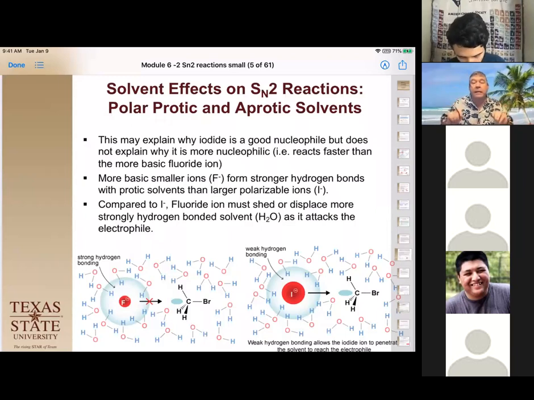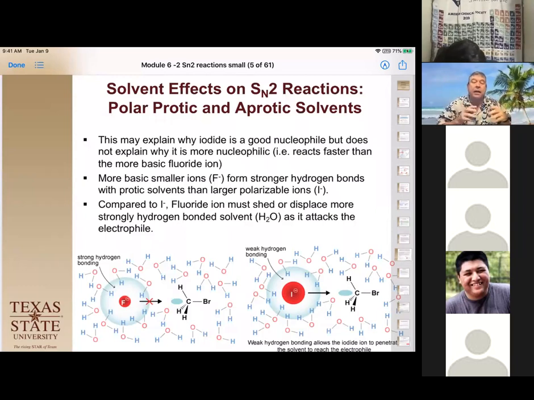Now, the reason they change the nucleophilicity is because when ions start to form hydrogen bonds, they have to have those, like for example, in the case of this right here, we have water dissolving our fluoride ion, okay? And when our ions are dissolved in a protic solvent, they don't just float around there.